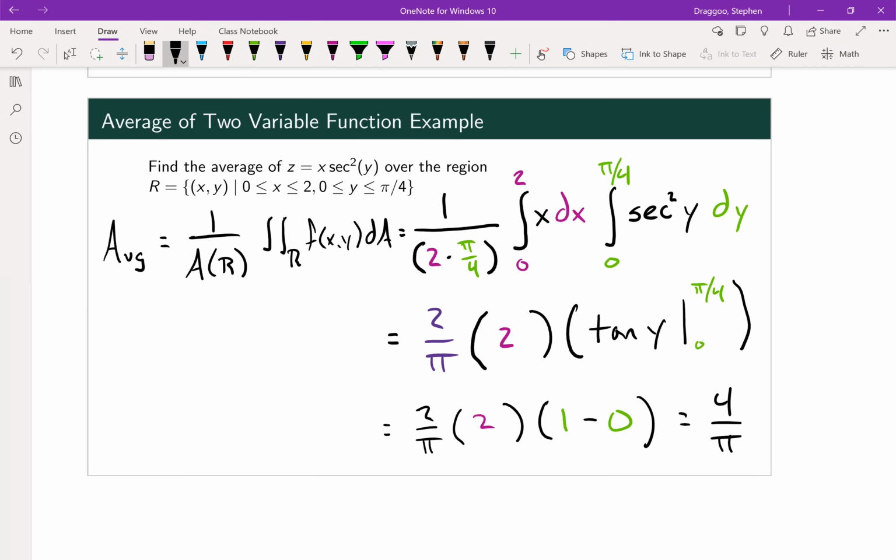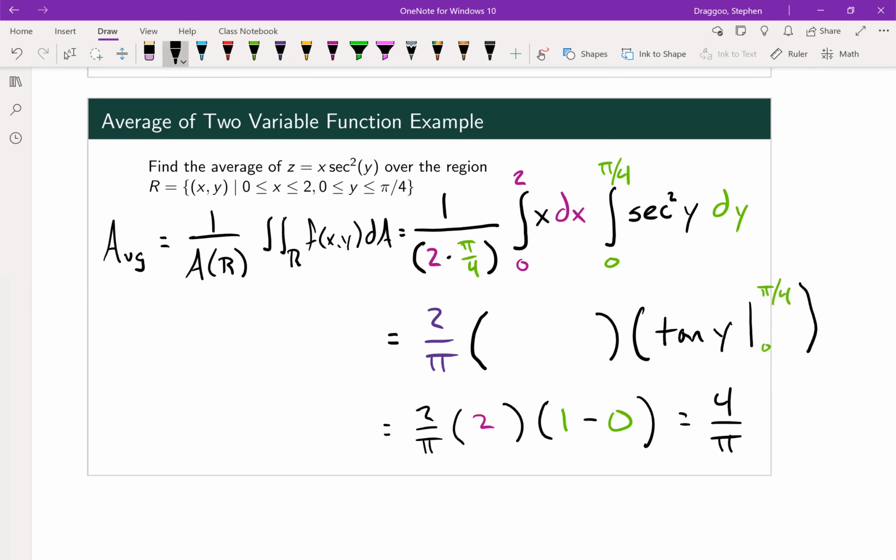And then since we showed the full evaluation of the y component, let's go ahead and also show the full evaluation of the x component, just for funsies. So what did we say we had? X squared over 2, and we're going to evaluate that thing from 0 to 2.